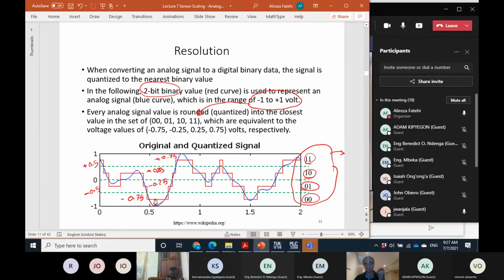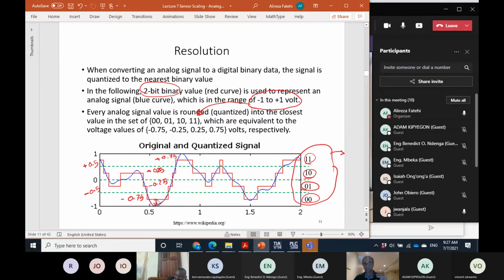Please notice we have just 4 representations available by the 2-bit binary. Okay, to improve that reading, or let's say to reduce this error, this error is called quantization error. Quantization error.